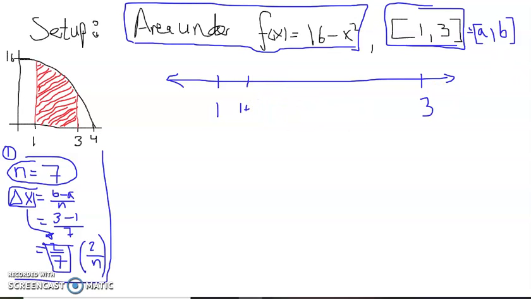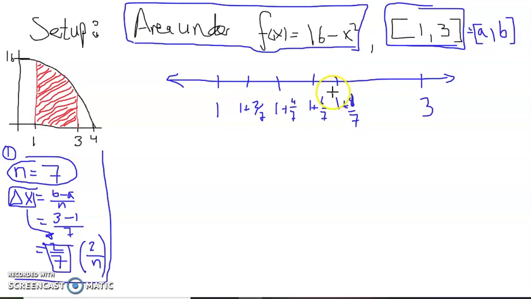All right, starting over again. 1 plus 2 sevenths. 1 plus 4 sevenths, because you've added 2 sevenths onto this one now. 1 plus 6 sevenths. 1 plus 8 sevenths.